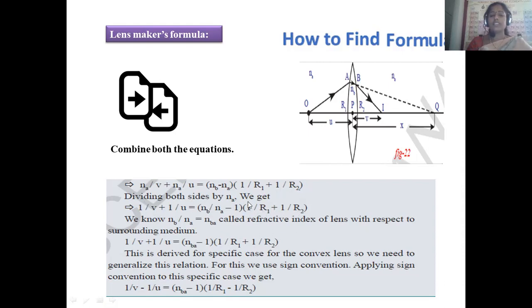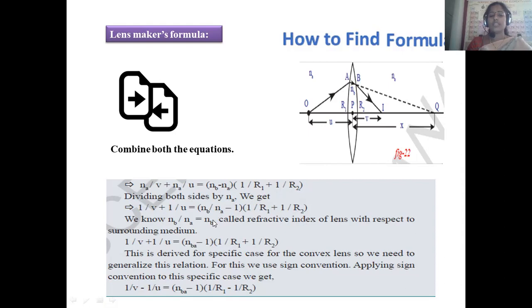So this is the concise equation when we divide both sides by the term. So 1 by V plus 1 by U is equal to NB by NA minus 1, 1 by R1 plus 1 by R2.